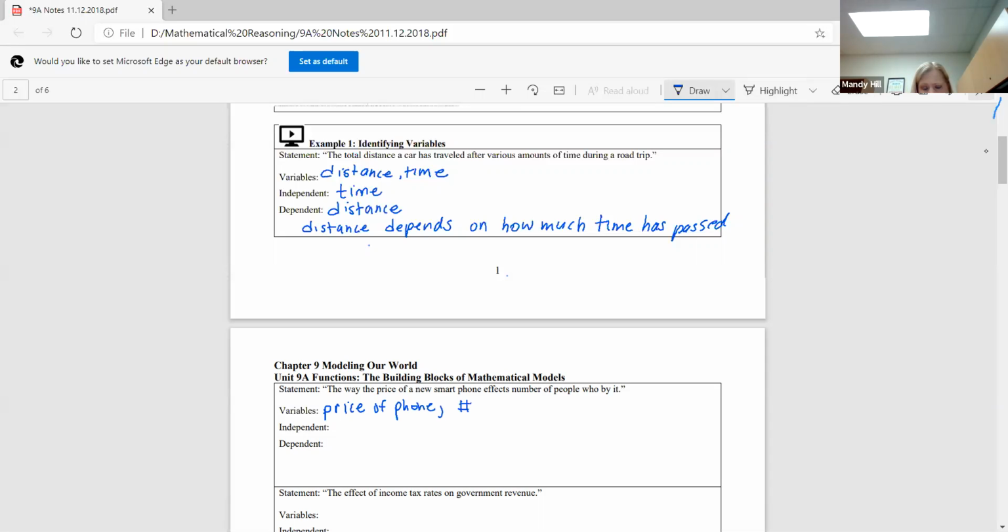And also the number of people who buy it would be another variable. The dependent variable is the number of people who buy the smartphone, right?